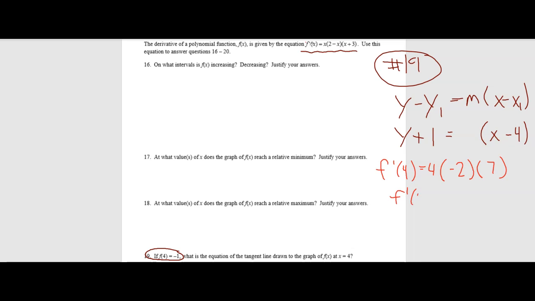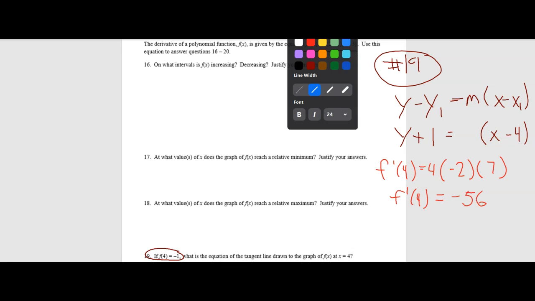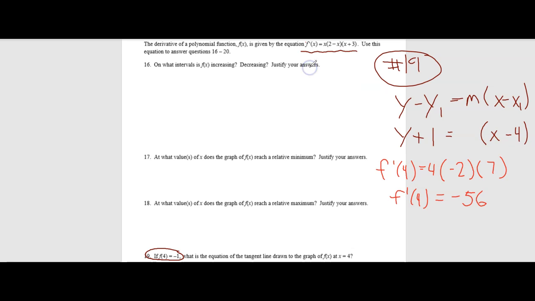So f prime of 4 is going to be equal to negative 8 times 7, which is negative 56. So our m is negative 56, and that would be the equation of the tangent line at x equals 4.